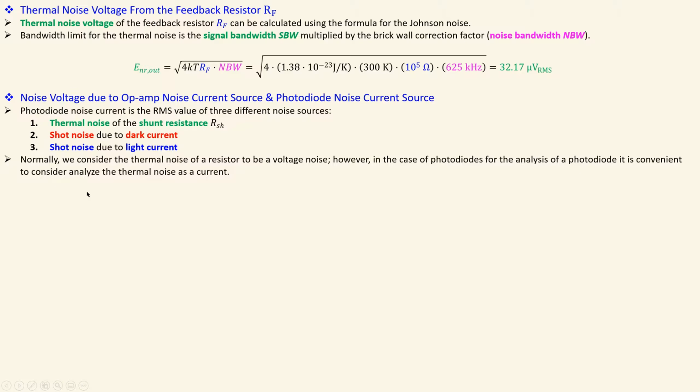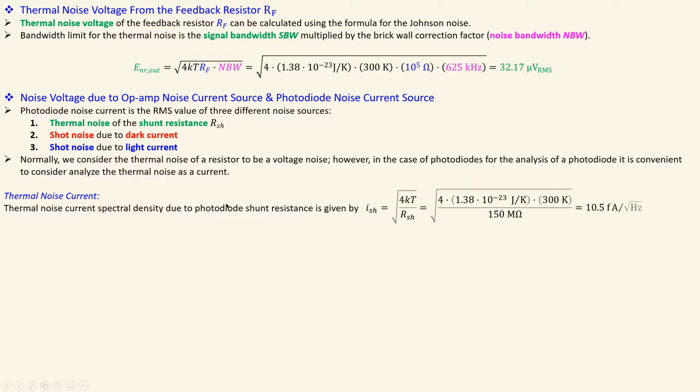Okay, now if you combine them together, of course normally we consider the thermal noise of the resistor to be a voltage noise, but in this case it is better to have a noise current. Okay, let's look at the thermal noise current spectral density of the photodiode and the shunt resistors, which is this expression, and if you now substitute the values in here, you will get 10.5 femtoamps per root hertz.